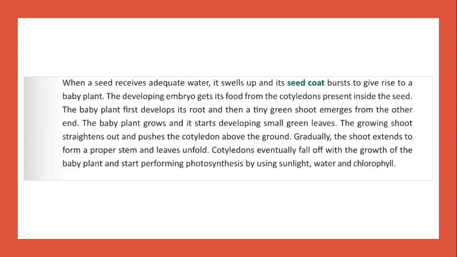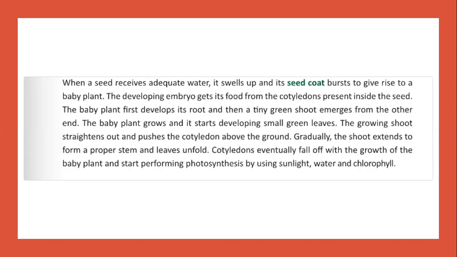Gradually, the shoot system extends to form a proper system of stem and leaves unfold. Cotyledons eventually fall off with the growth of the baby plant, and it starts performing photosynthesis by using sunlight, water, and chlorophyll.